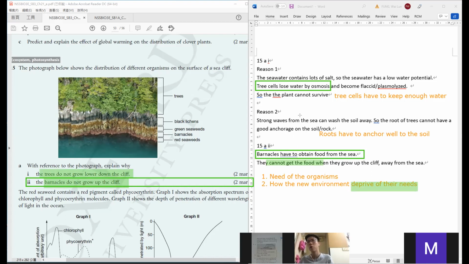For example, you wash the soil away, so you cannot have a good anchorage. For example, the tree cells lose water. They don't have a good function. So that's a problem. You have to understand the problem.